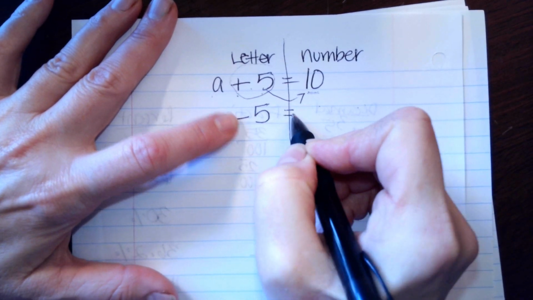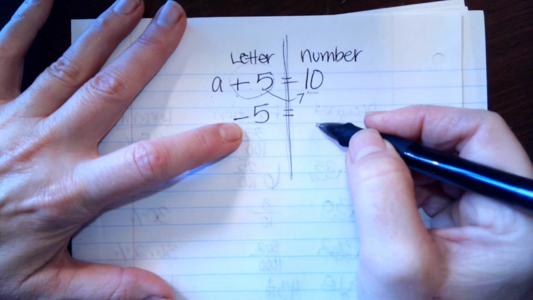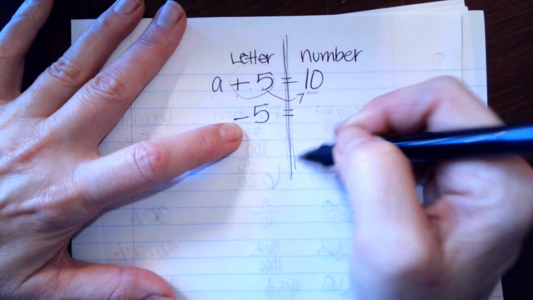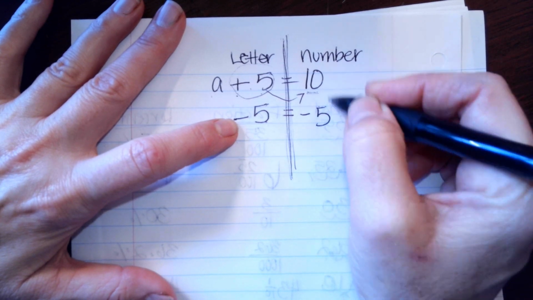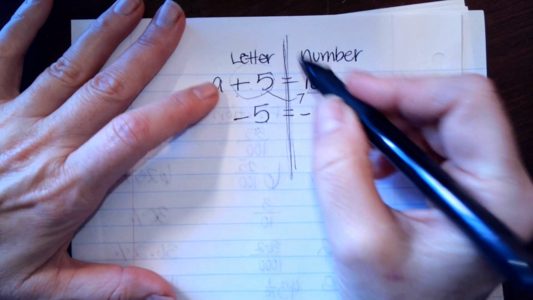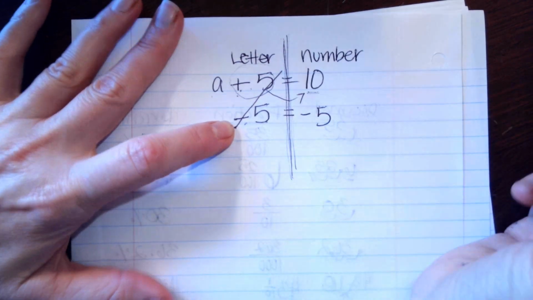And anything we do to this side of the equation, we do to this other side. Remember, there's two sides, so we just minus 5 on this side. We're going to minus 5 on this side. Okay. If I have plus 5 and I minus 5, this gets cleared off, so I cross it off.